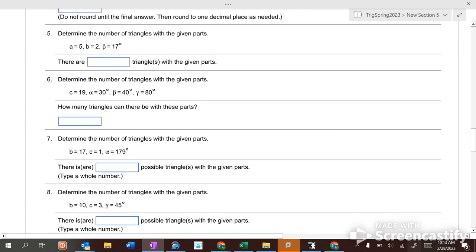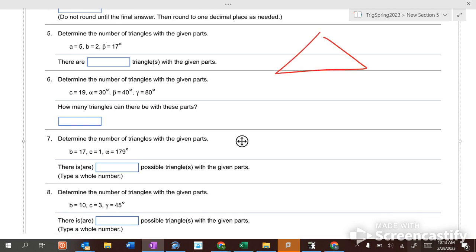Okay, on the last few problems, it'll say, how many triangles have these parts? If you sketch them out a little bit, B is 2, that's 17 degrees beta. A is 5 alpha. So then C is here, or C is here, and this is gamma up here.